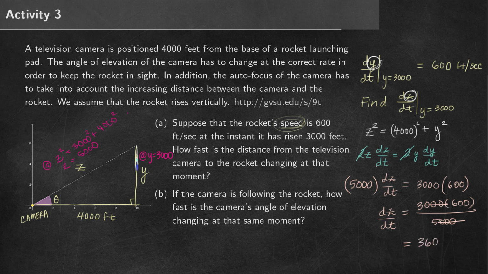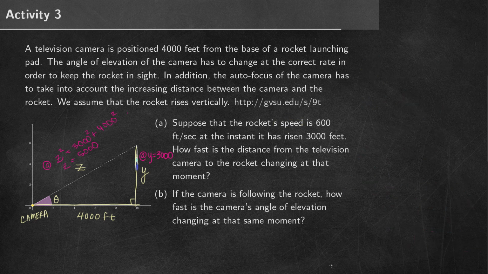Now the units here for dz/dt will be units of z per units of t. z is measured in feet and t is measured in seconds, so my units are going to be feet per second. dz/dt is measured in feet per second. So 360 feet per second is how fast that distance is changing at this particular moment in time.